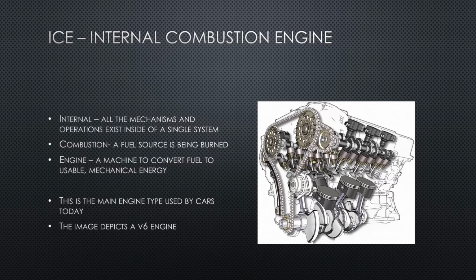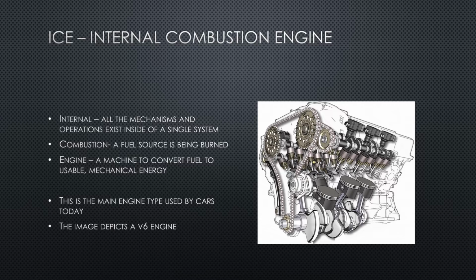And then I'm sure a lot of you guys have heard this term before, but a V6 engine or V8 engine, right? I think most people would know like a V8 is stronger than a V6, right? But why is it called a V6 engine? Well, if you look at this image here, you can see it fans out in two directions, kind of like a V. One goes to one side, one goes to the other side.